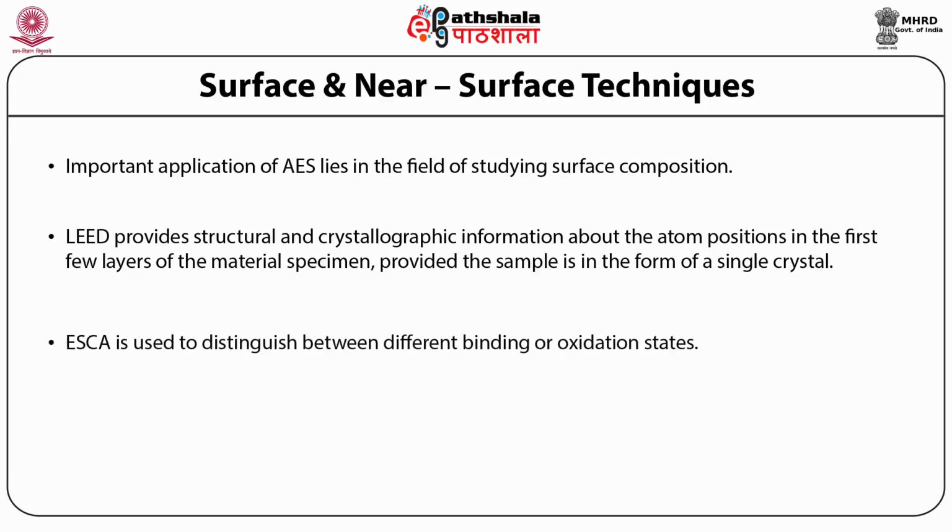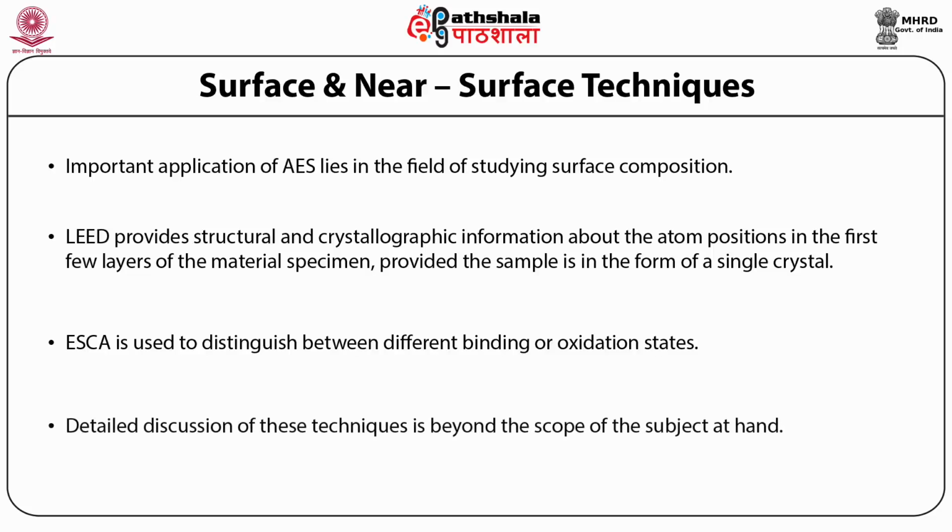ESCA, that is electron spectroscopy for chemical analysis, is used to distinguish between different binding or oxidation states. Detailed discussion of these techniques is beyond the scope of the subject at hand.